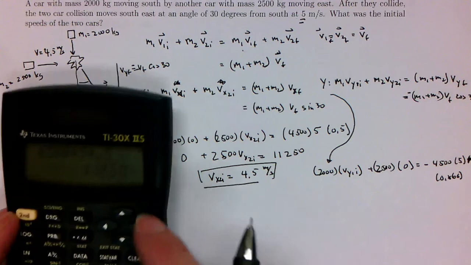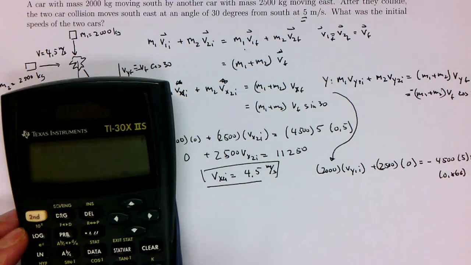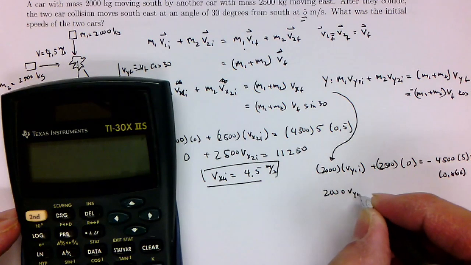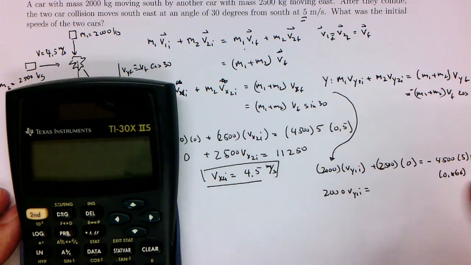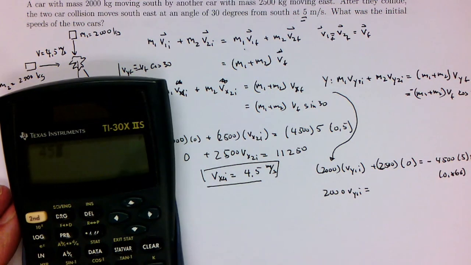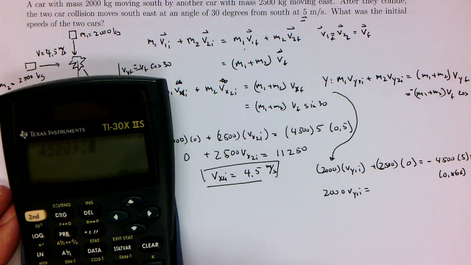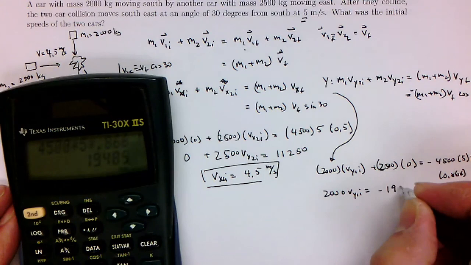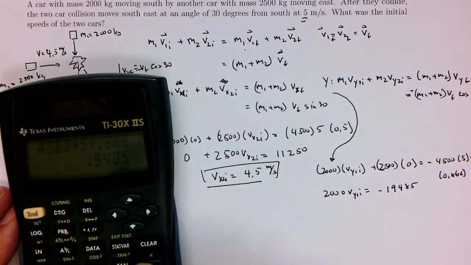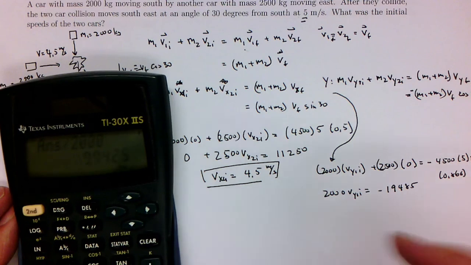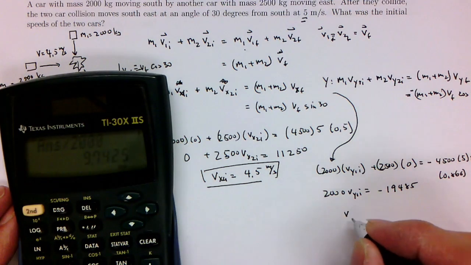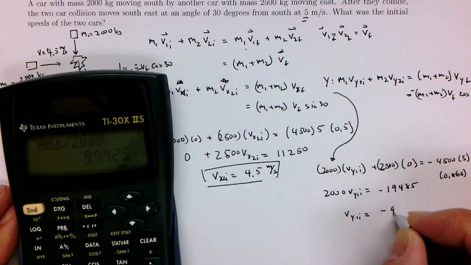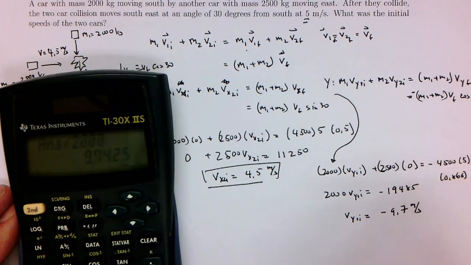So 2,000 Vy1 initial is equal to minus 4,500 times 5 times 0.866, and that is minus 19,485. Divide this by 2,000, and we have our final answer: Vy1 initial is equal to minus 9.7 meters per second.